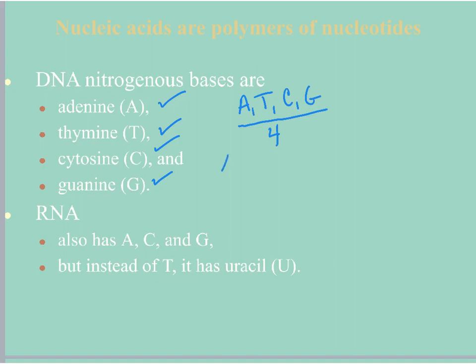So in DNA, you'll have strings of nitrogenous bases that may be something like this. And continuing on, another G and a C and an A and a T. And a single DNA molecule is thousands, tens of thousands of letters long.